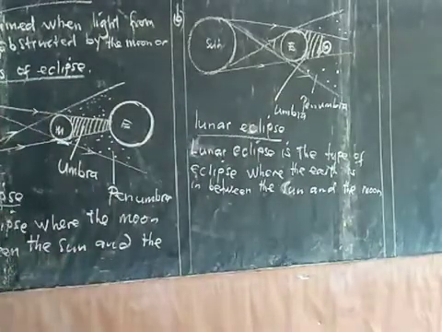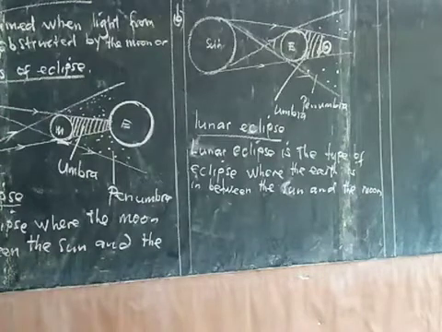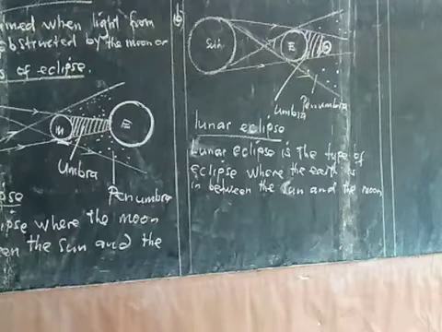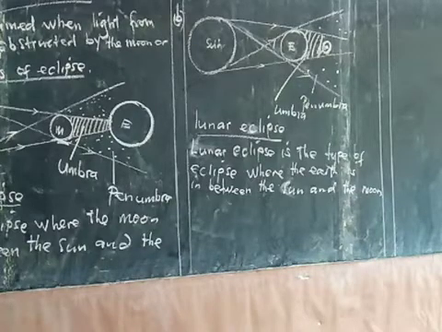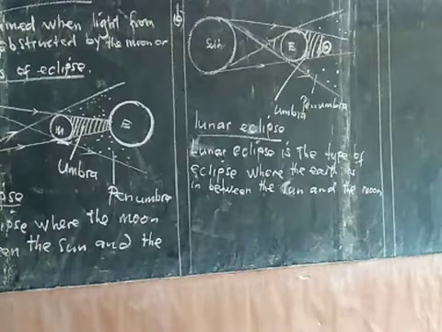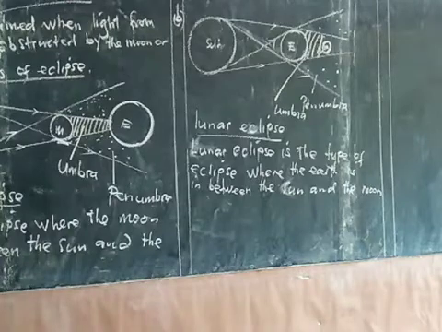Children, so whenever we're talking about eclipse, these are the two types of eclipse. And I repeat, eclipse means a shadow formed when light from the sun is obstructed by the moon or earth. We have two types of eclipse.